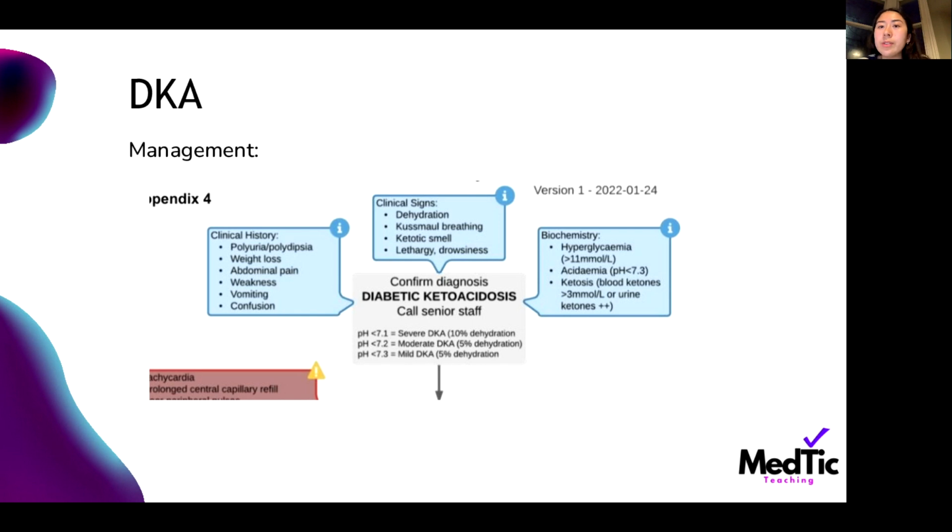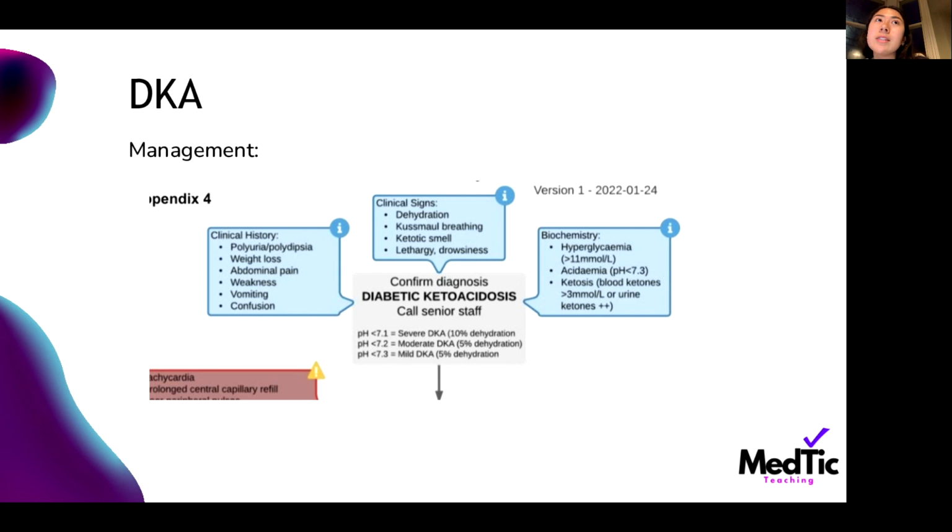So in terms of the management, I took this off the BSPED guidelines. Sorry, I don't know if things have changed, but I feel like it still is very relevant. I know it says version from 2022. I couldn't really find as good a diagram and general layout of how to manage diabetes anywhere else. But as always, follow trust guidelines.